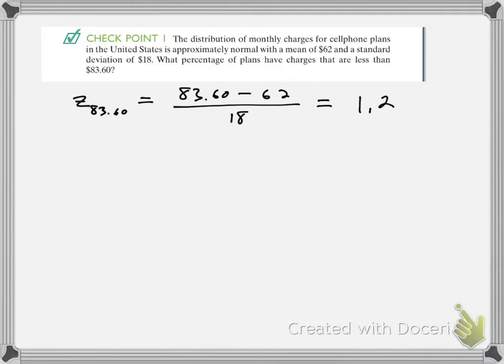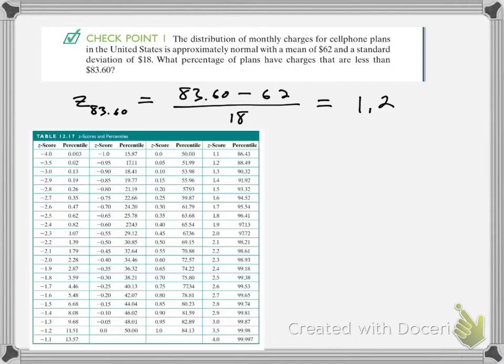Now I need to figure out the percentile, so I'm going to bring up that table again. If I go to my z-score, which is 1.2, and find it on here, it looks like 1.2 is right there.